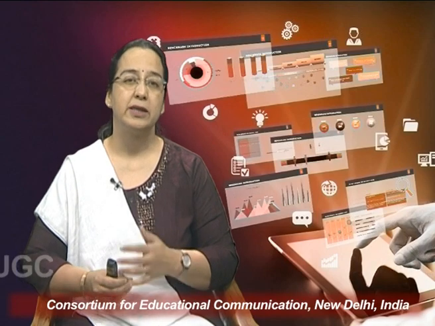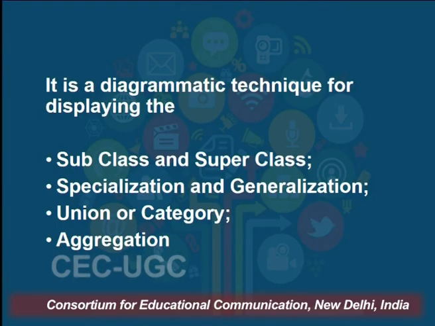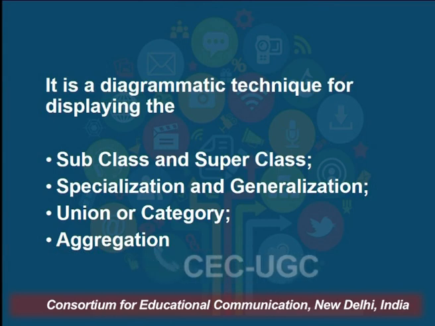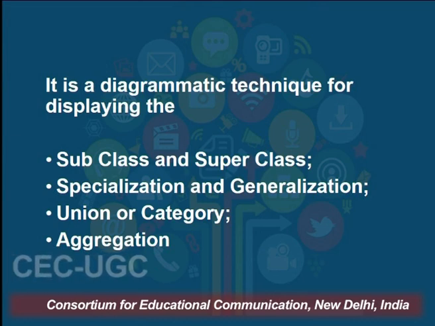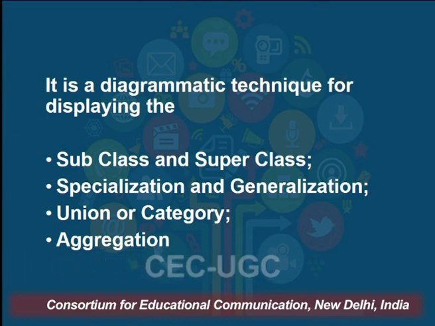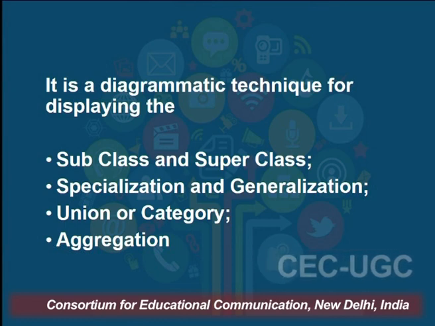One is subclass and superclass. Your enhanced ER diagram, EER, has a facility for depiction of subclasses and superclasses. Apart from that, it also has a facility for showing specialization and generalization.